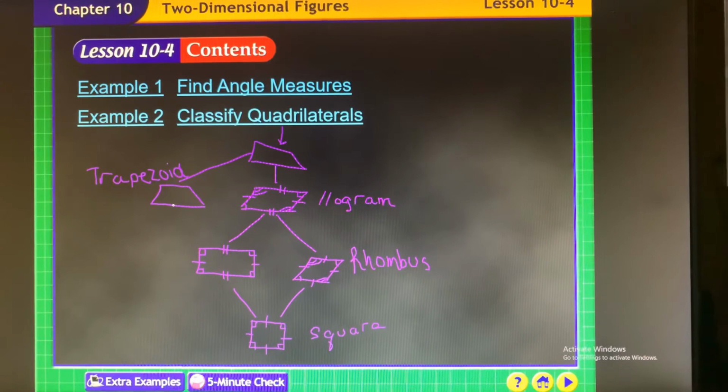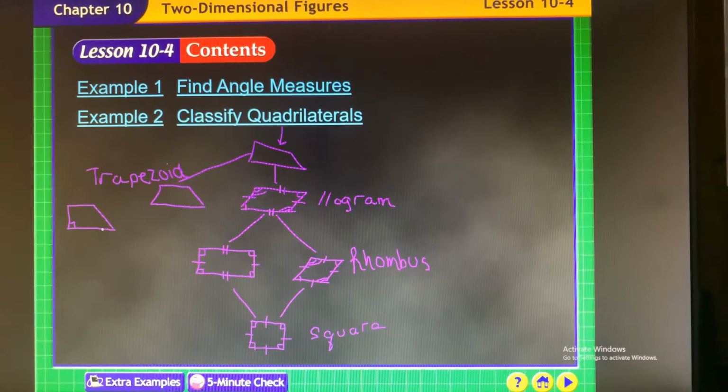It didn't pick up any of the characteristics of any of these shapes. It just picked up its main characteristic that it's a quadrilateral. Now trapezoids can look like that, or trapezoids can look like this, which I always say is like a little minivan. It has little 90-degree angles. Trapezoids don't have to have 90-degree angles. Trapezoids don't have to have congruent sides. The one thing a trapezoid does have is one pair of parallel sides, and that's it.